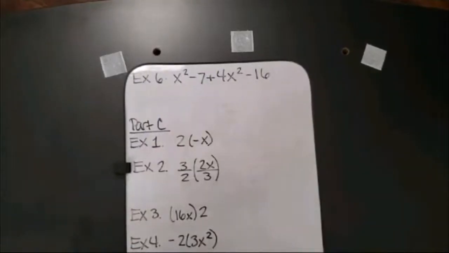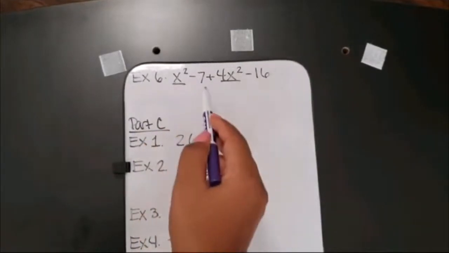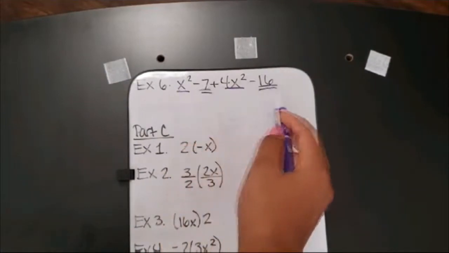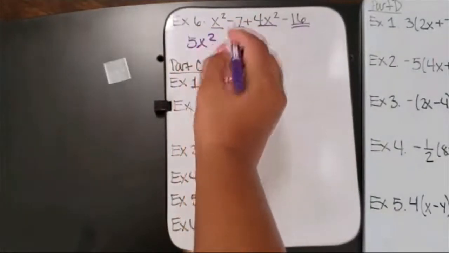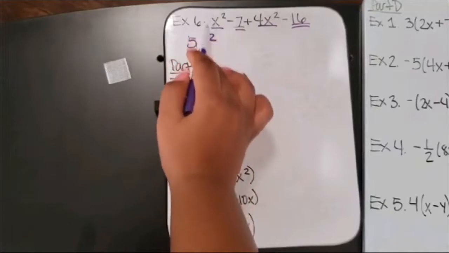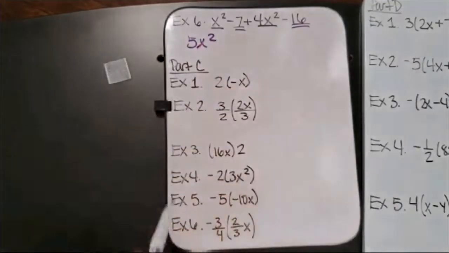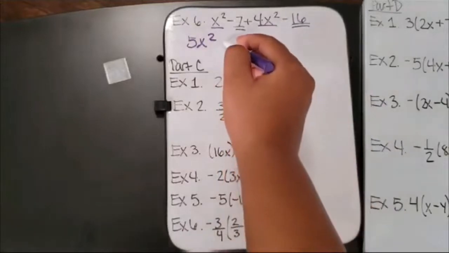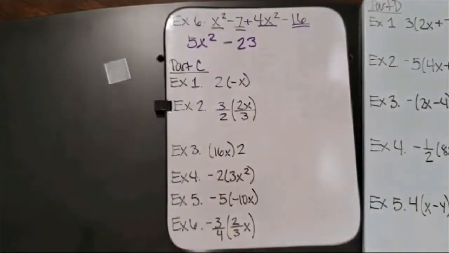For number 6, we have an x squared term, and we have a constant term and a constant term. So when we combine our x squareds, we'll have 5x squared because we have a 1 in front of here and a 4 here. So we got 1 plus 4. Then we look at our negative 7 minus 16, which is negative 23. So our final answer is 5x squared minus 23.